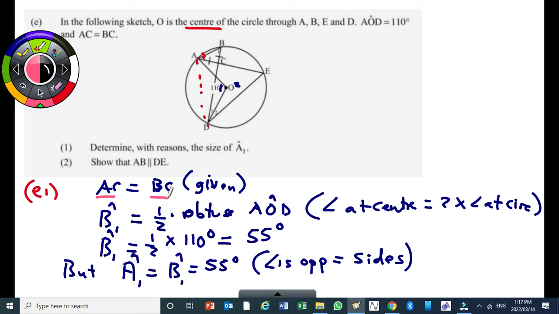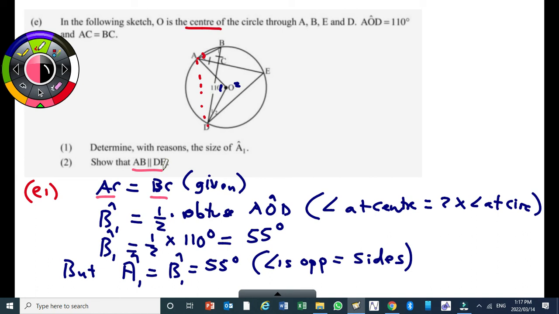So the second question: show that AB is parallel to DE. Okay, I can assure you that this question will cause lots of problems, but it's probably one of the easiest. Now, if you want to prove that two lines are parallel, first think about your geometry of straight lines.